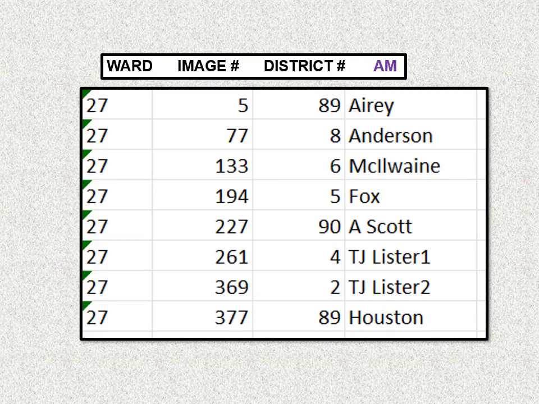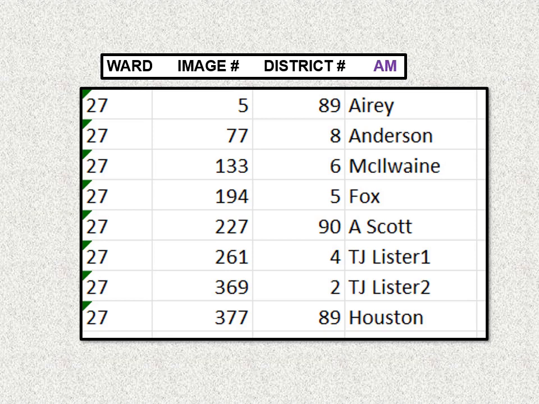You can see that column on the left, with a mixture of census districts. So 89, 90, 89, those are the high numbers. The other numbers, 8, 6, 5, are the precincts. And the second column, by the way, is the image number that each of these Ward AMs starts on.